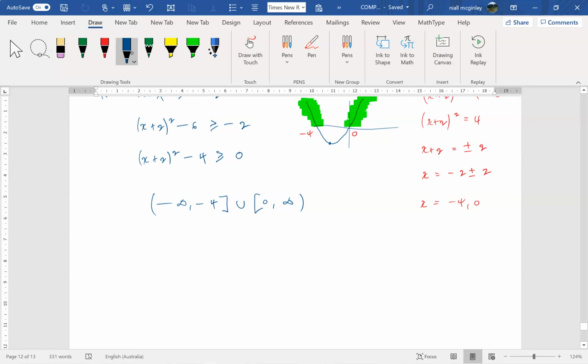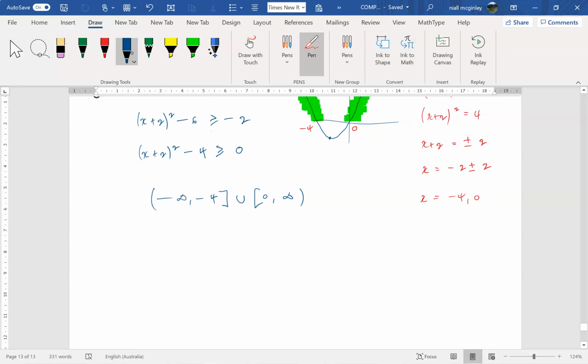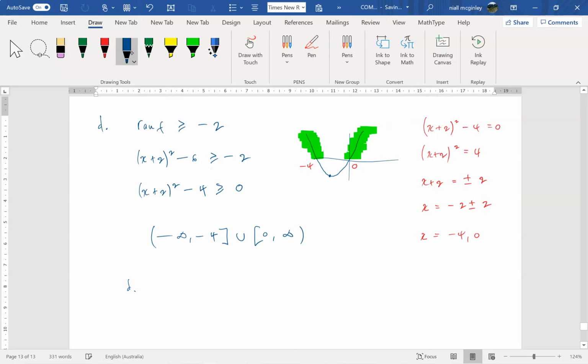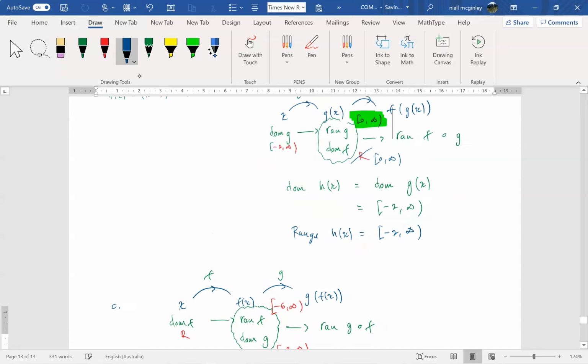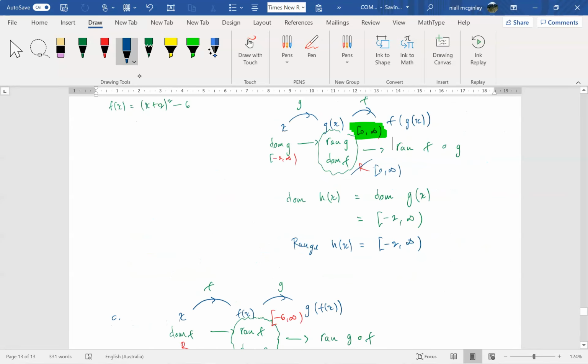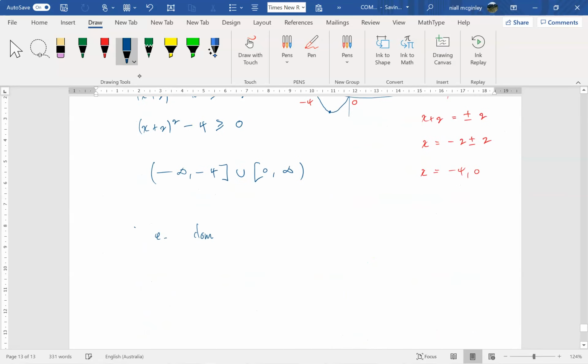We've just done the domain, so this is what it's going to be. Now E: the domain of g of f of x is just negative infinity to -4, or 0 to infinity.